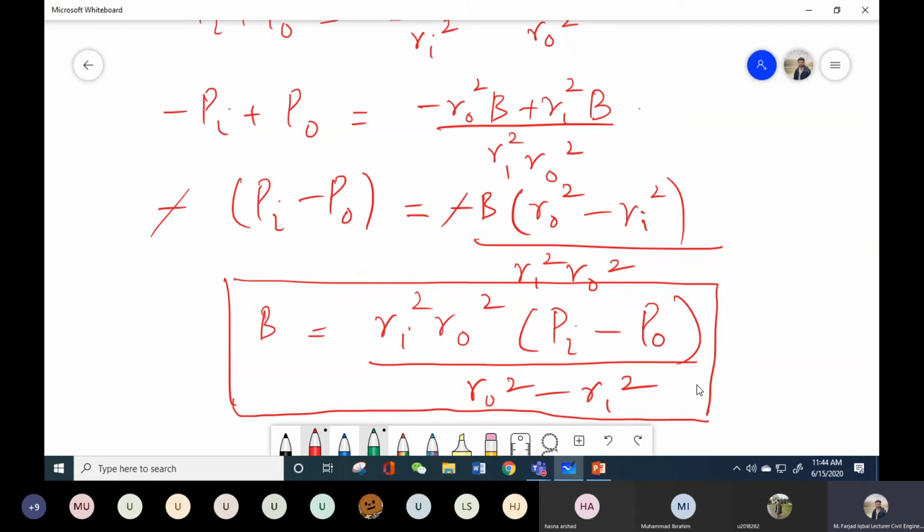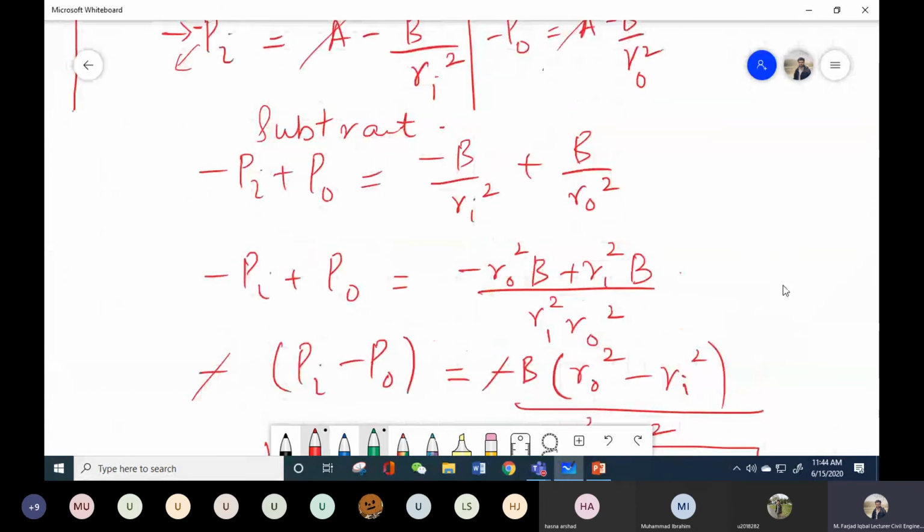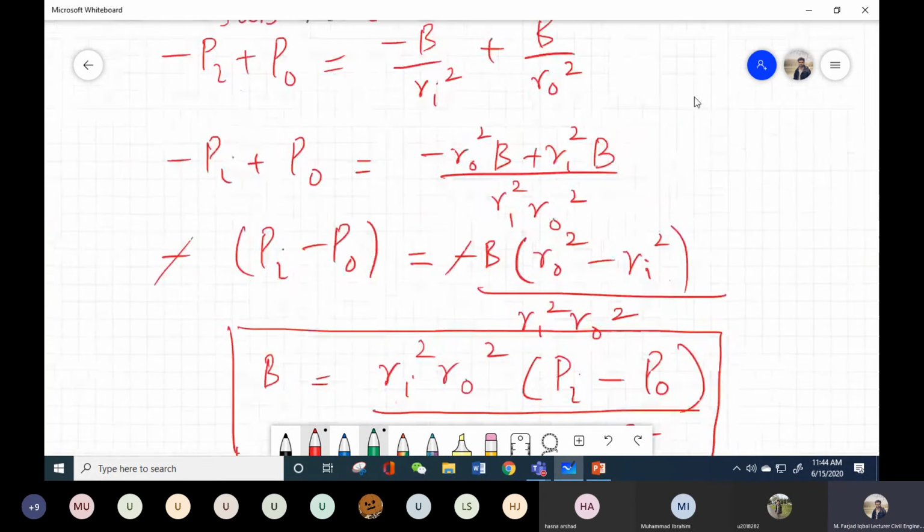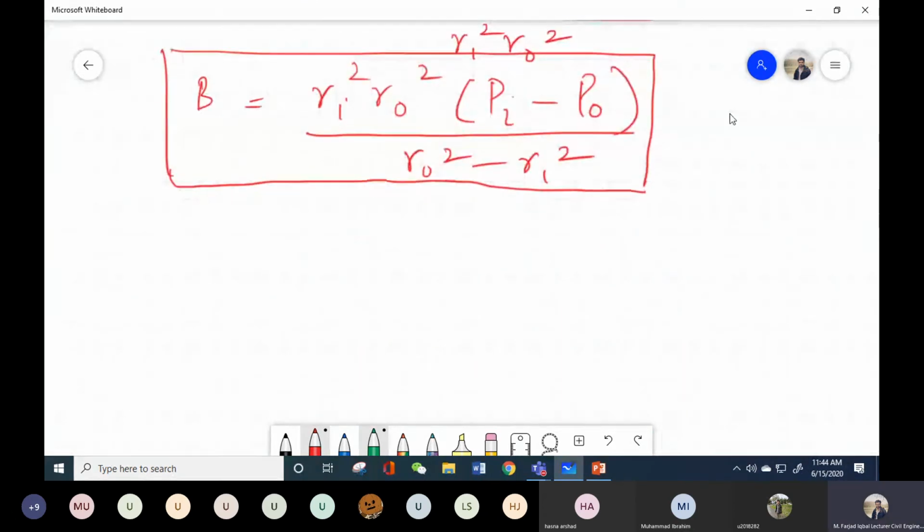But again, I still need to find the expression for the constant a. So I will substitute this b factor into equation 5. Let's call this 5: minus pi is equal to a minus b over ri square.